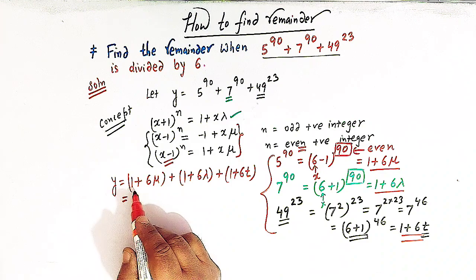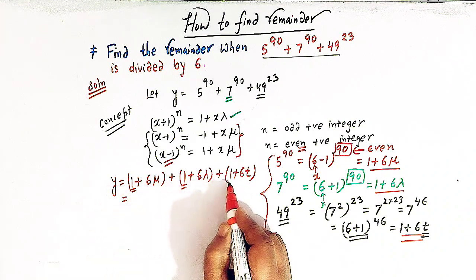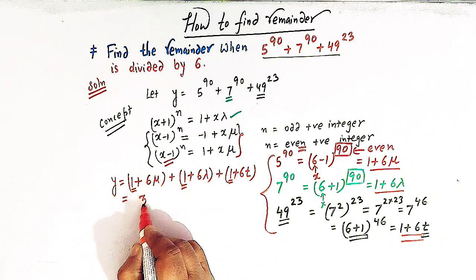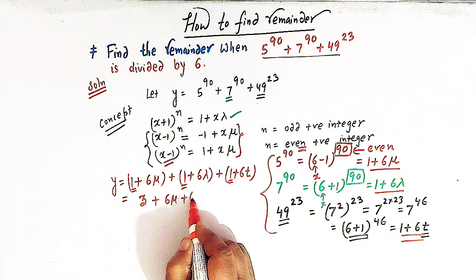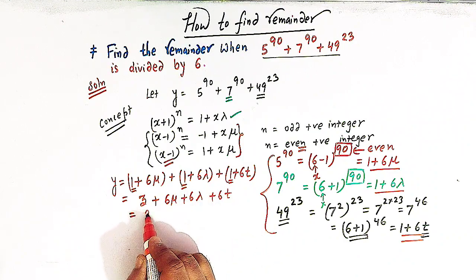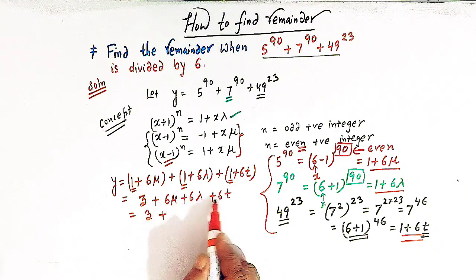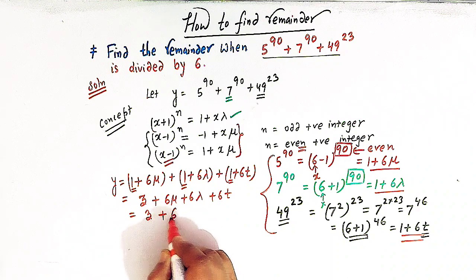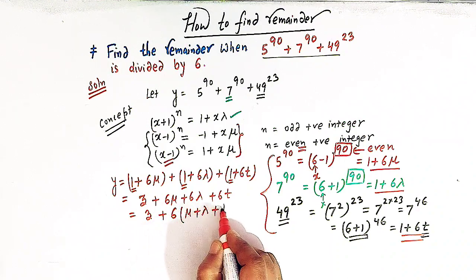Now we simply add these numbers. 1, 1 and 1 give us 3, and we have 6 mu plus 6 lambda plus 6 t. Taking 6 common, we can write 3 plus 6 times mu plus lambda plus t.